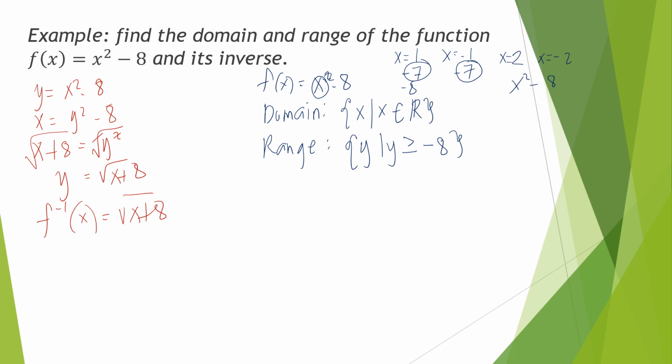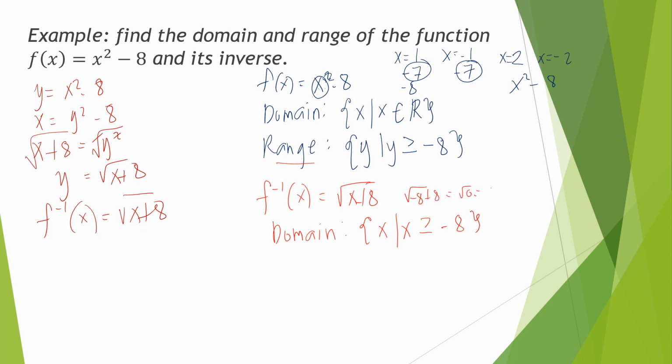So, for the domain and range of the inverse naman, the square root of x plus 8. So, ang domain natin ay set of x such that x is greater than or equal to negative 8, kasi ang negative 8 plus 8 is 0. Square root of negative 8 plus 8 is equal to square root of 0, which is 0.